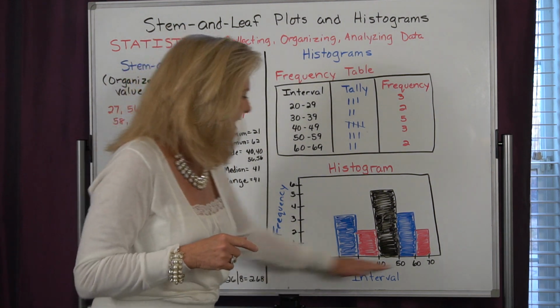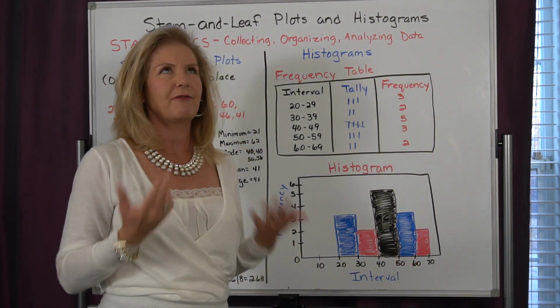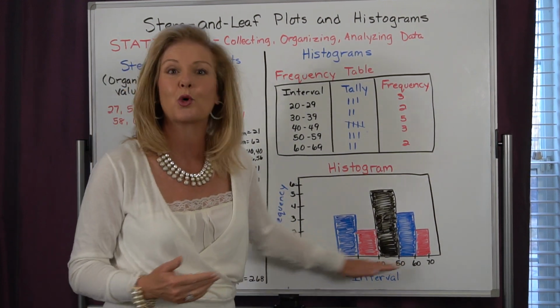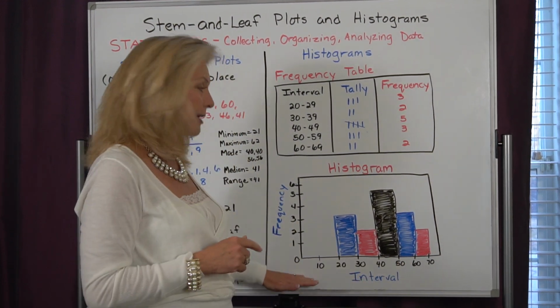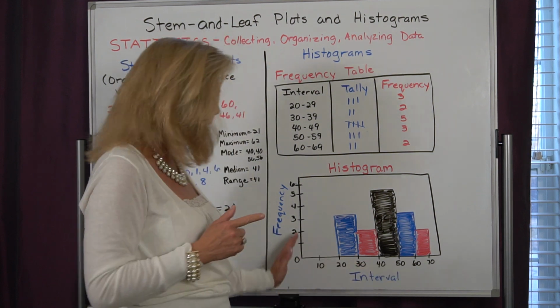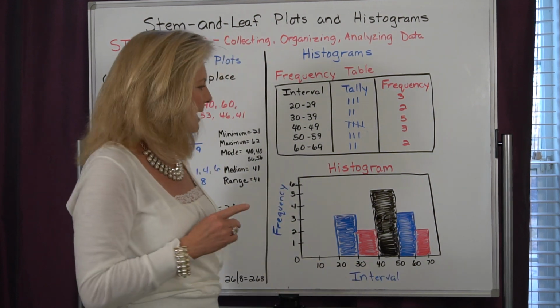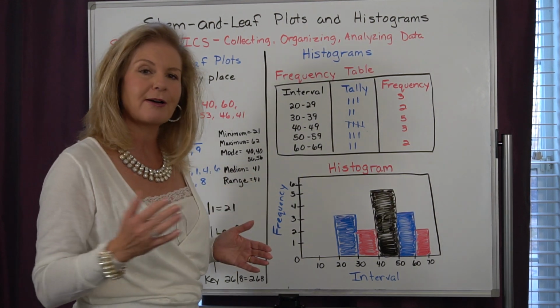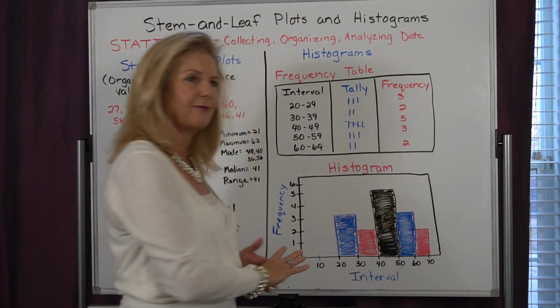Bar graphs usually have categories on the bottom, like favorite ice creams would be vanilla, chocolate, strawberry. So you'll often see words here on a bar graph, whereas a histogram has to be numbers on both of these axes. Now, what we're doing is creating the bars and it's showing the spread of the data.